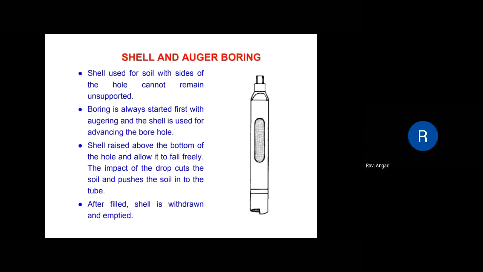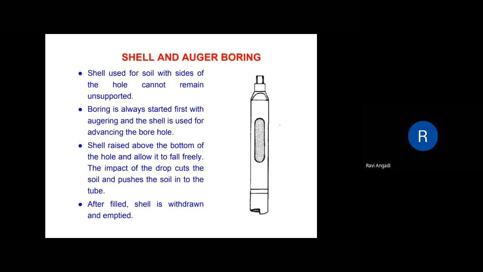Coming to another type of auger boring, the shell and auger method. It is quite popular in India. A shell, which is also called a sand baler, is nothing but a heavy duty pipe with a cutting edge at the end, and the length and weight vary according to the requirements.